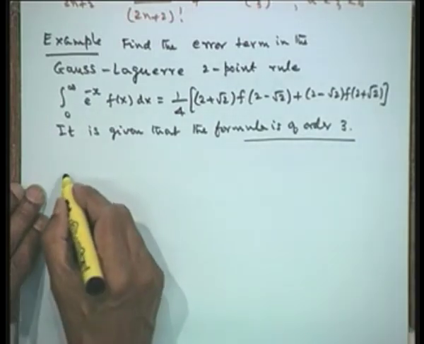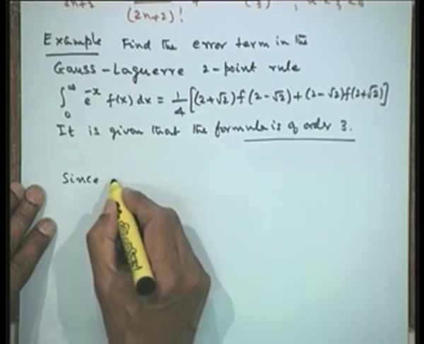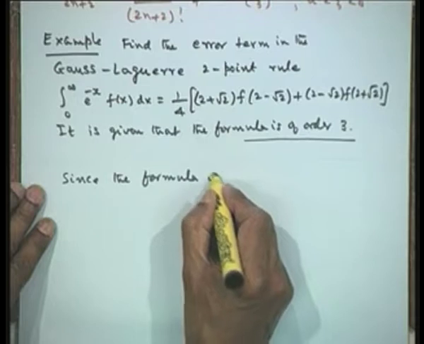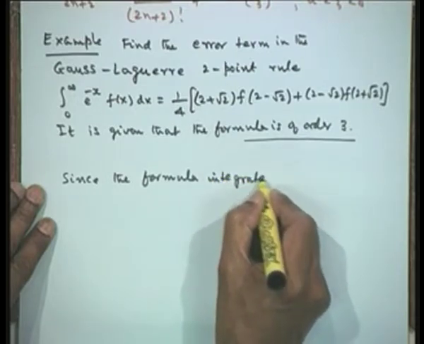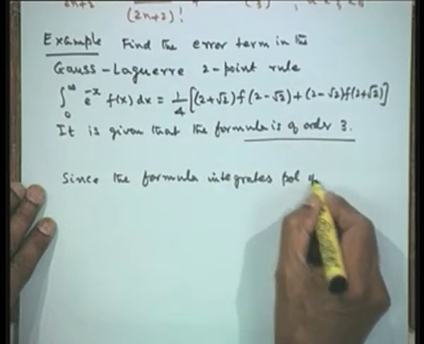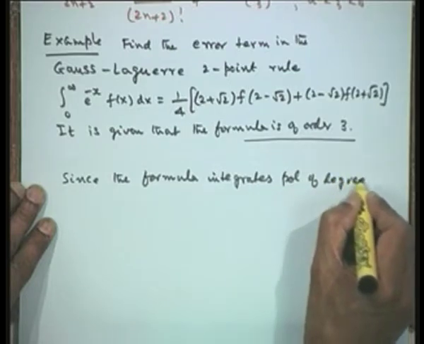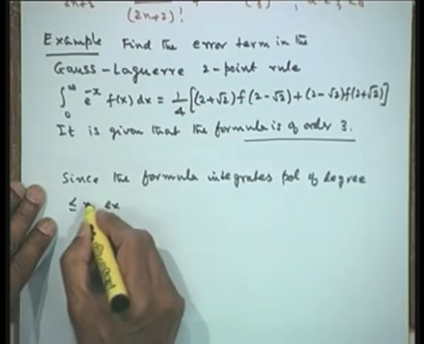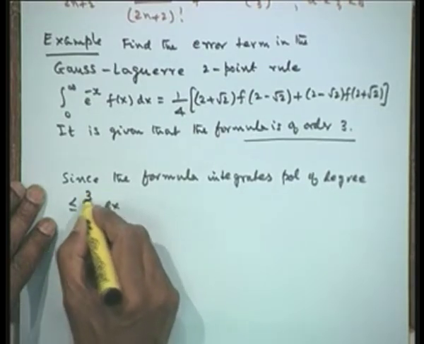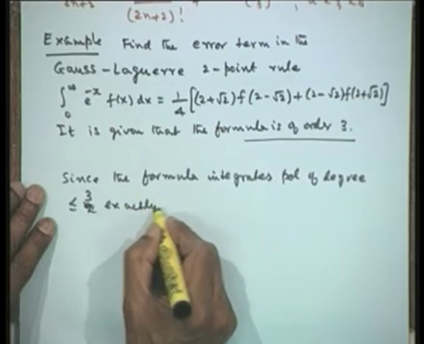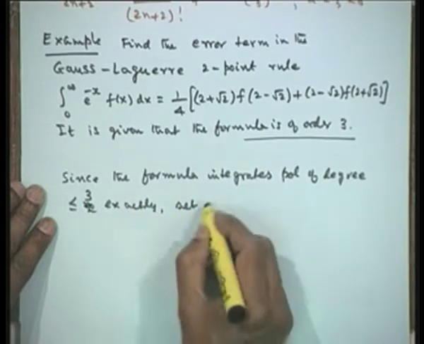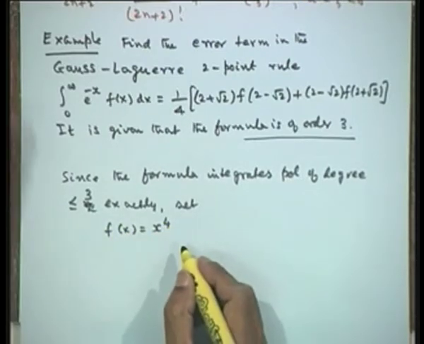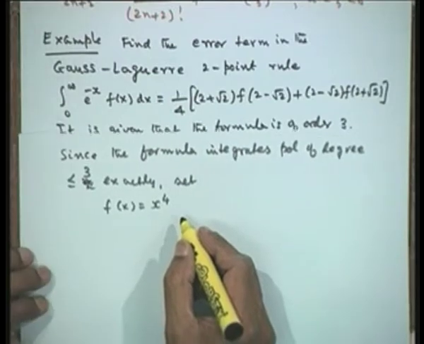Therefore, let us write down, since the formula integrates polynomials of degree less than or equal to 3 exactly, let us set f(x) equal to x to the power of 4.